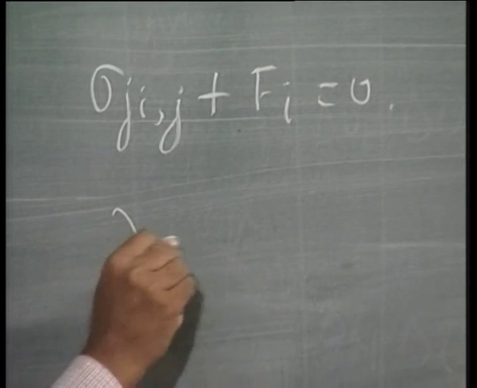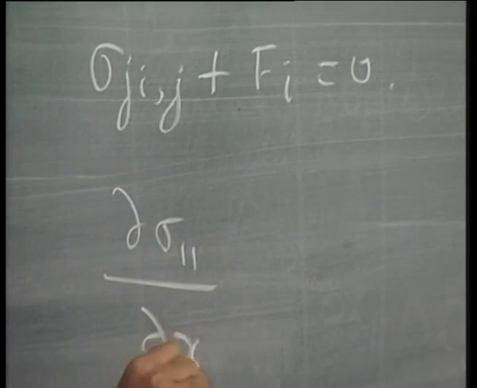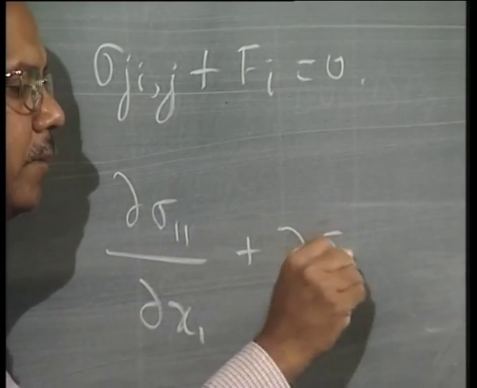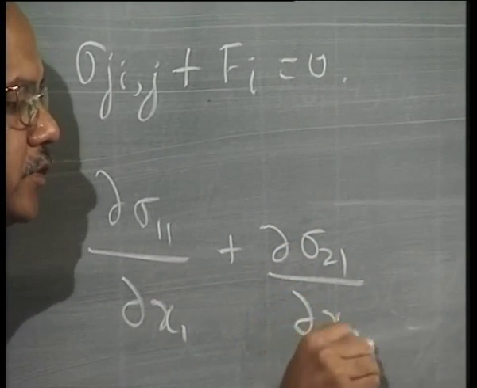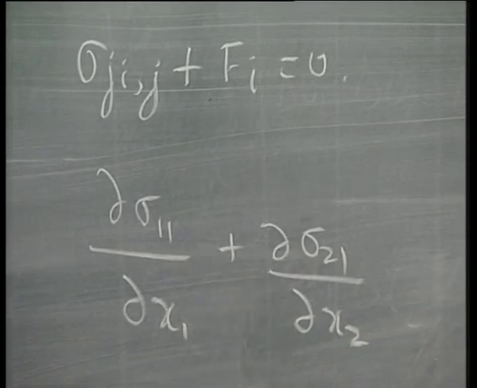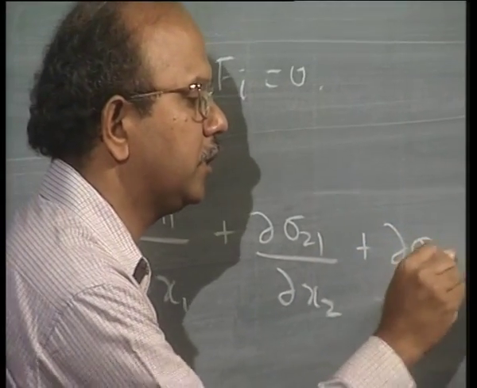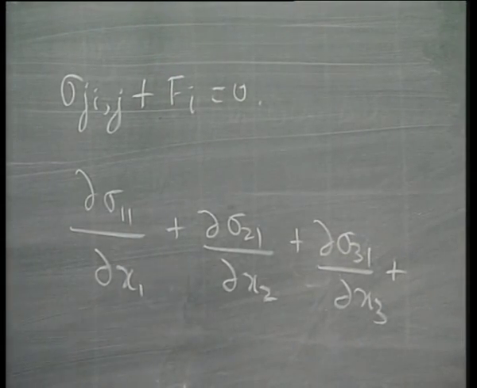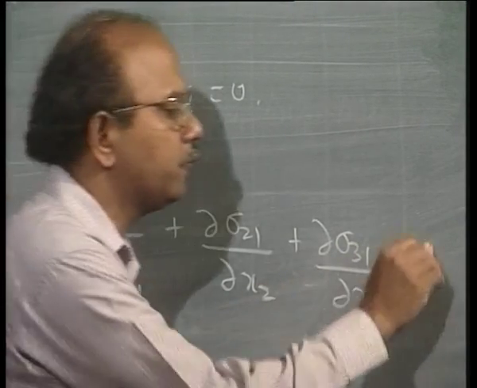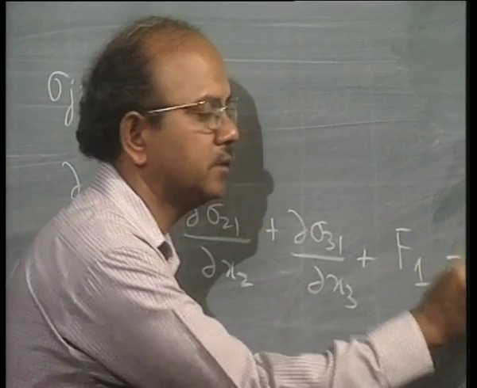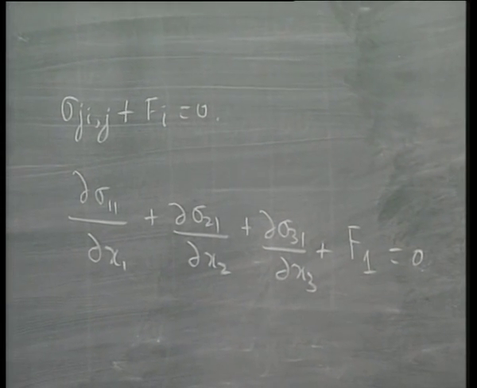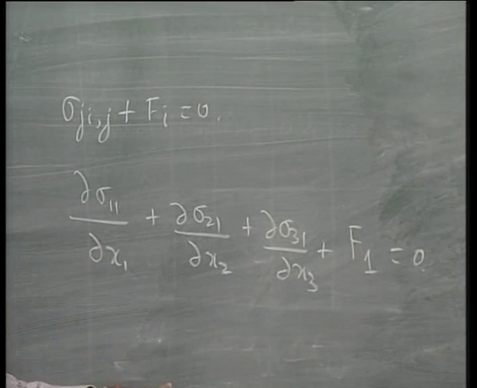Dou sigma 1 by dou x1 plus dou sigma 2 by dou x2 plus dou sigma 3 by dou x3 plus F1, which is the body force in one direction, equal to 0. Is it clear? Okay, like this you can write down 3 equations.